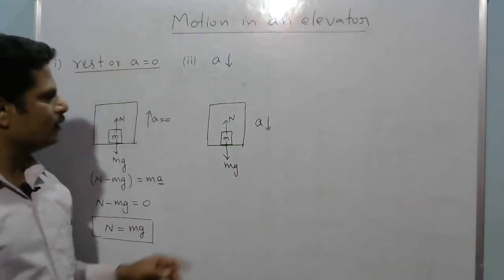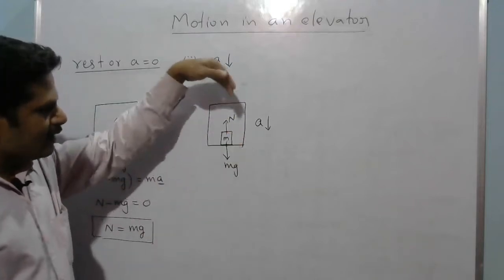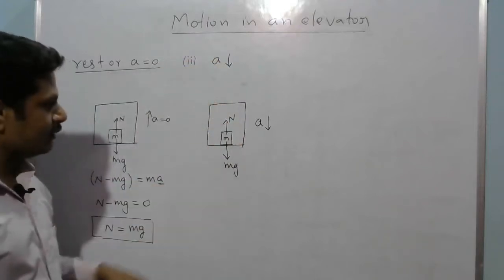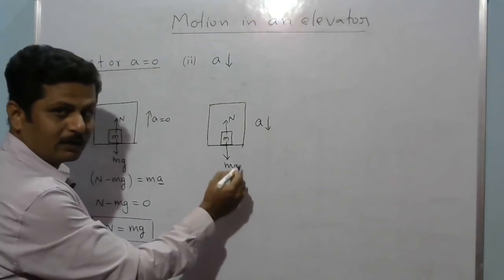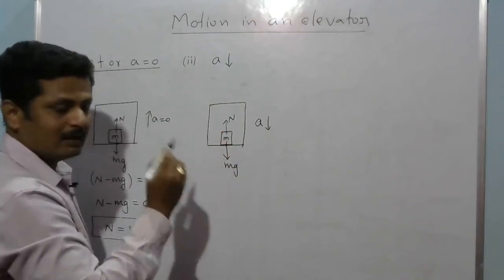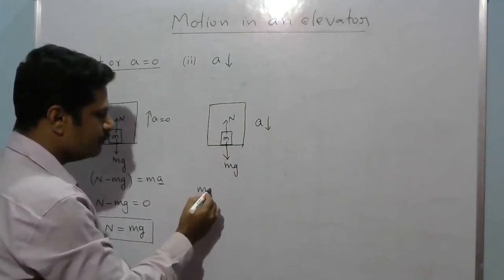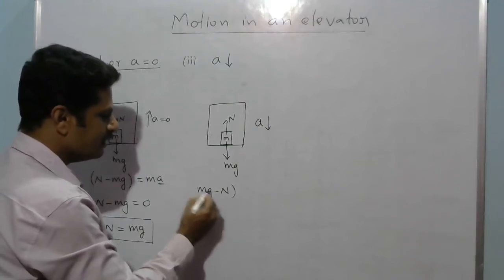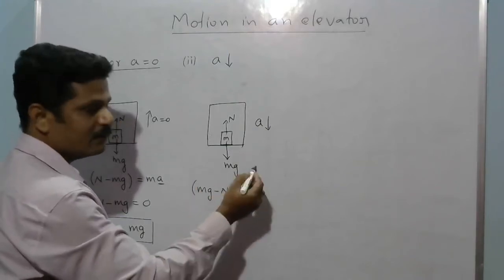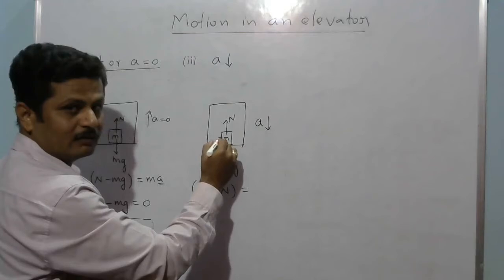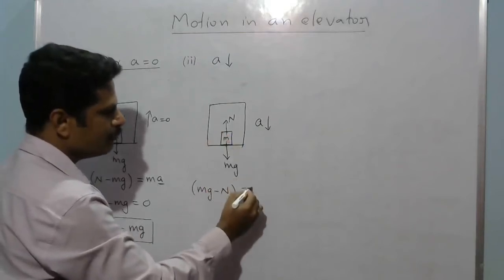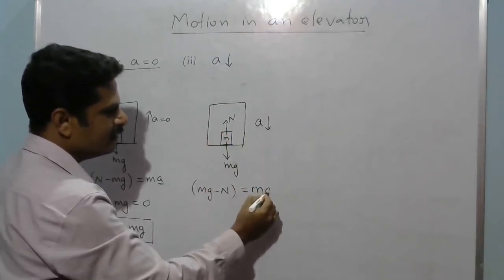If the elevator is accelerating in the downward direction, at that time the weight can be considered as more and N can be considered as less. So we can write mg minus N, that is net force, is equal to mass times acceleration. The mass inside the elevator is m and the acceleration is a.